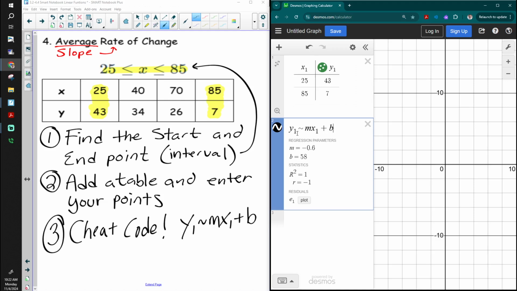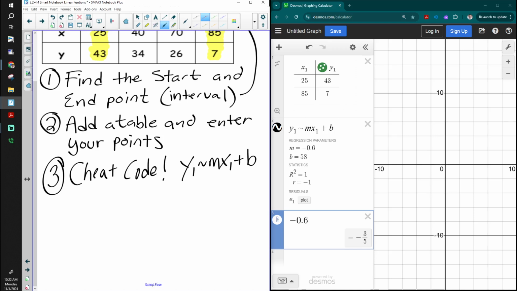And what's my slope? -0.6, which ends up being -3/5. -0.6, click my fraction button, -3/5. M equals -3/5. Those are all the slope problems we did.